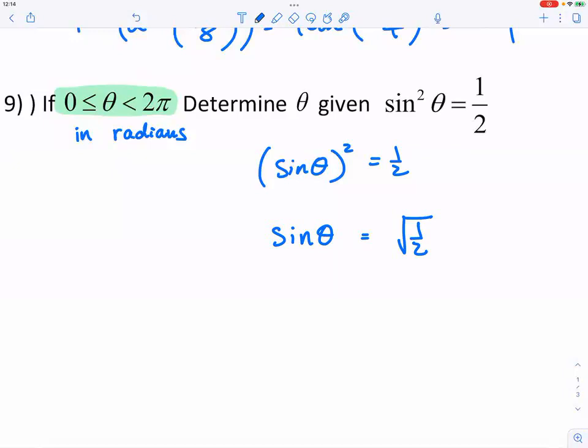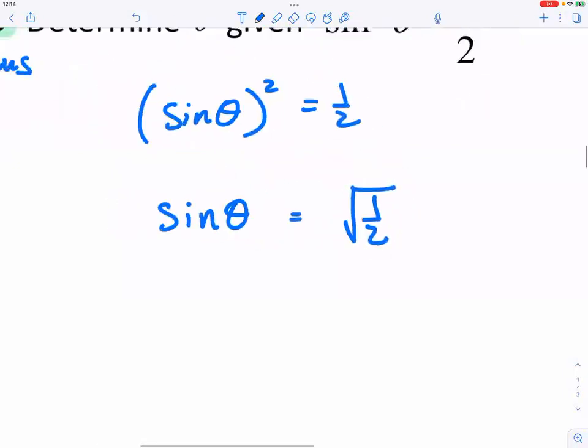But if you do this, I would take 2 points off, because it's a positive and negative square root. Why? Why would it be positive and negative square root?